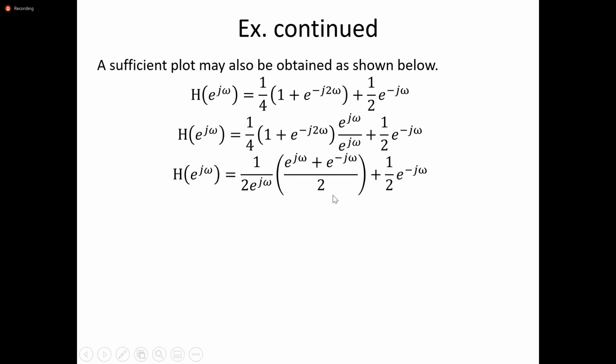So inside the bracket we get this term here, and we're left outside with 1 over 2 e to the j omega. In other words, this term here comes over here. Now, this term here is just simply cos omega.